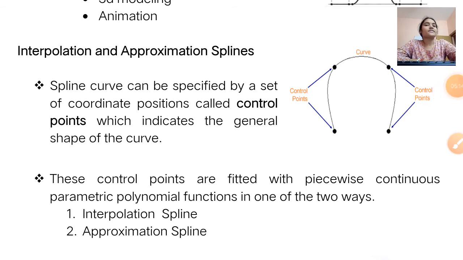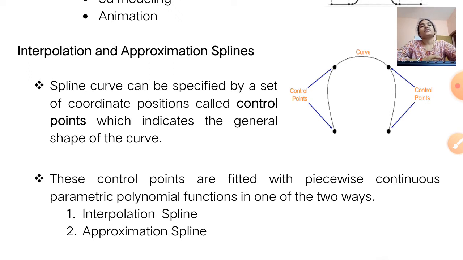Next we discuss interpolation and approximation splines. What is interpolation and what are approximation splines? A spline curve can be specified by a set of coordinate positions called control points, which indicate the general shape of the curve.